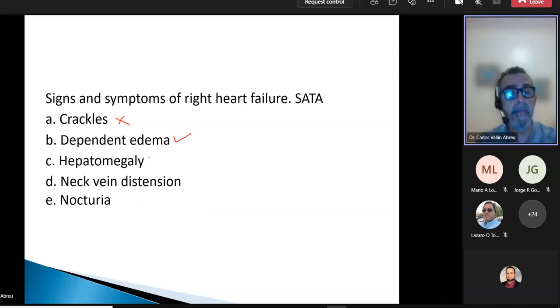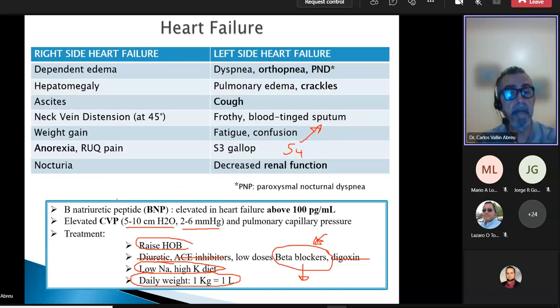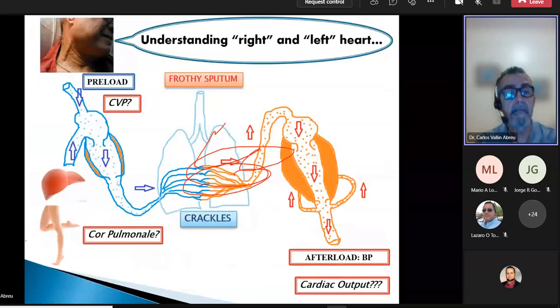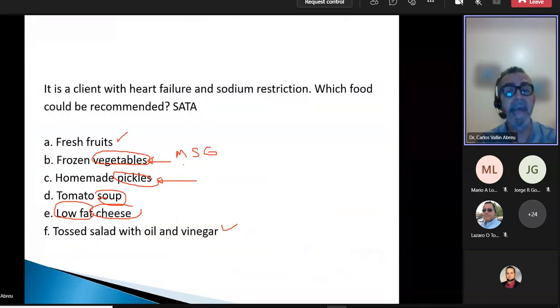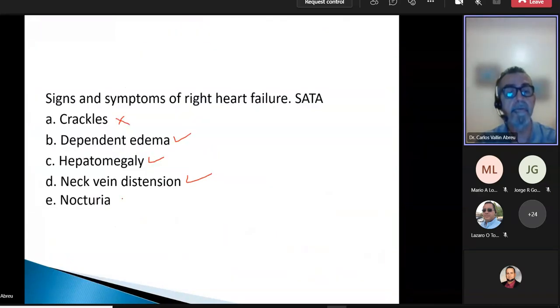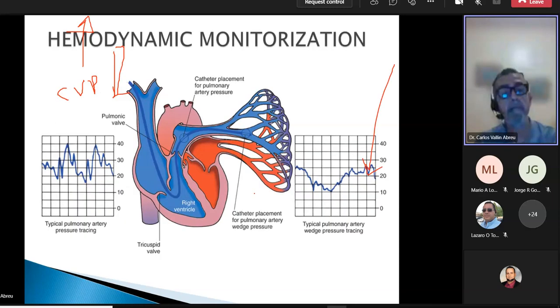Hepatomegaly, congestive hepatomegaly, yes. Neck vein distension, yes. Nocturia, what we said about nocturia, yes. Why? Because the edema is reabsorbed at night and ends in the kidney producing nocturia. So it is a way of testing that. They can make another question with left heart failure, select all that apply.